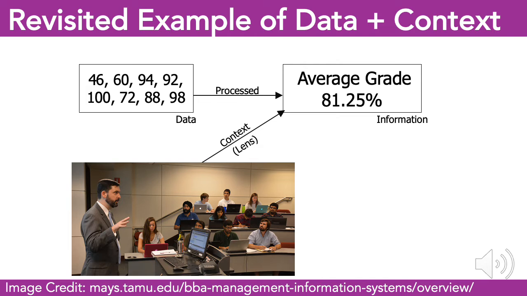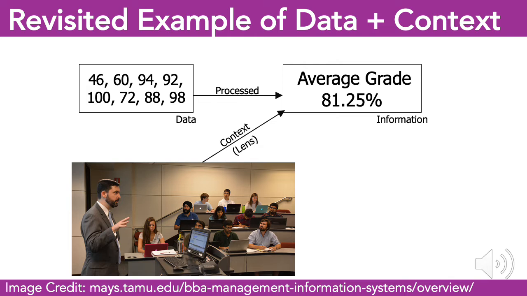The larger point I'm trying to make here is that with a sense of context, right, these data are clearer, I should say, in terms of what they're representing. These are representative, in this example, of student grades on a test.